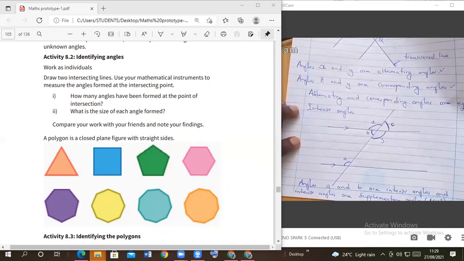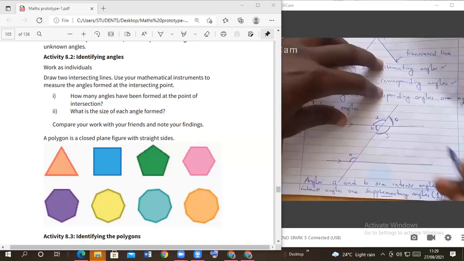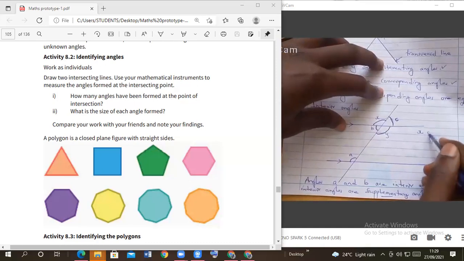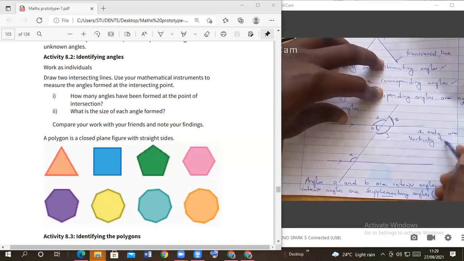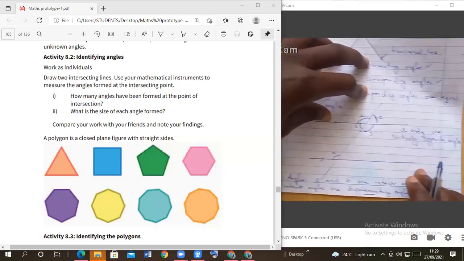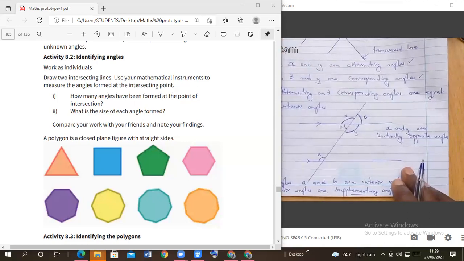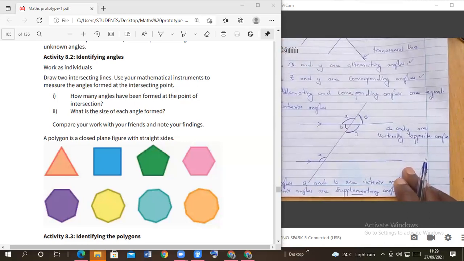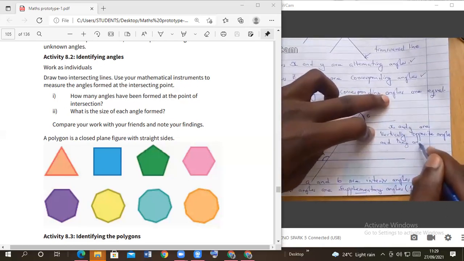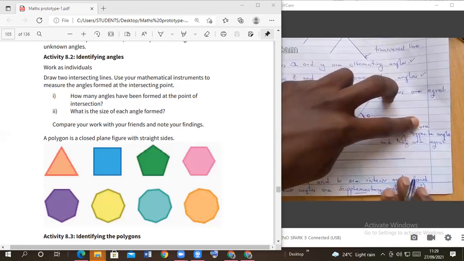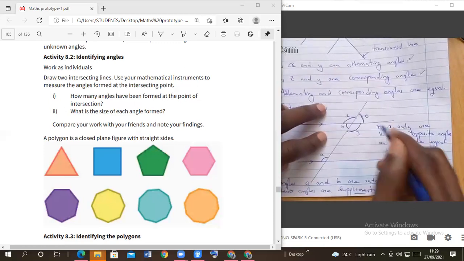They are opposite angles, vertically opposite angles. X and Y are vertically opposite angles, and vertically opposite angles are equal. Are you together, members?